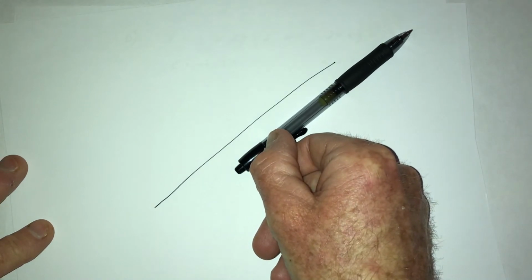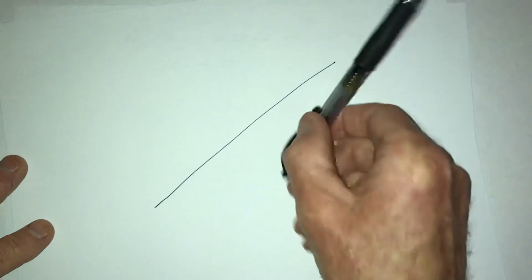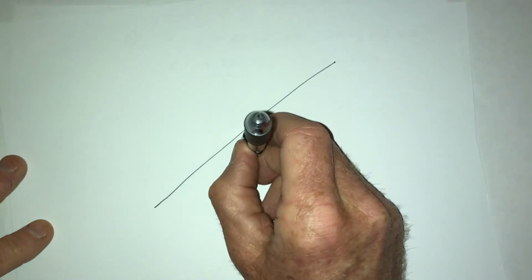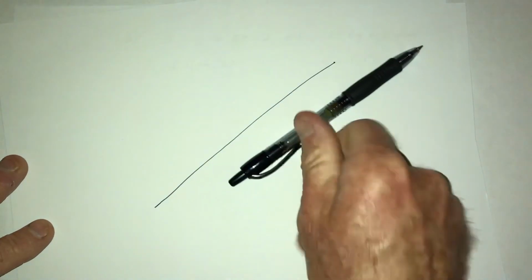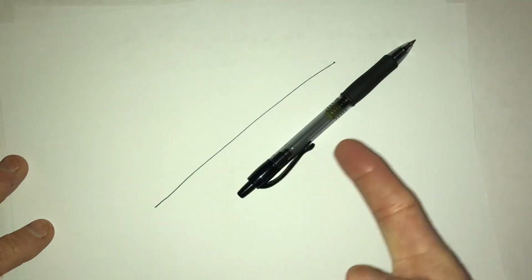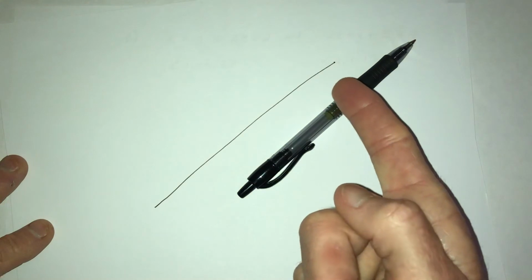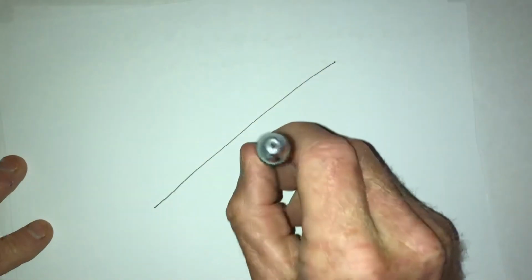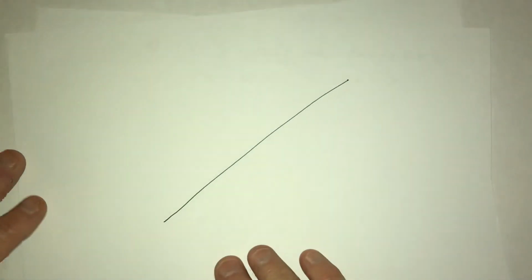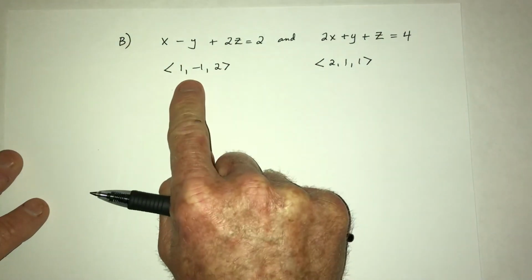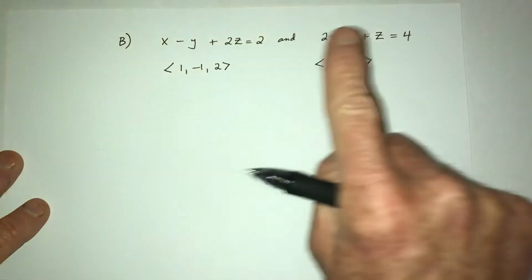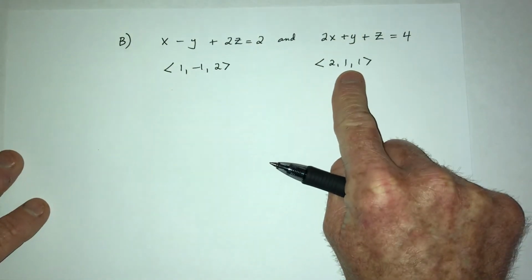Well, if it's going to be parallel to the line, it's going to be perpendicular to this vector. So for this, I need this vector right here, that's going to be parallel to the line. That means it's going to be perpendicular to this vector, and at the same time, it has to be perpendicular to this vector.